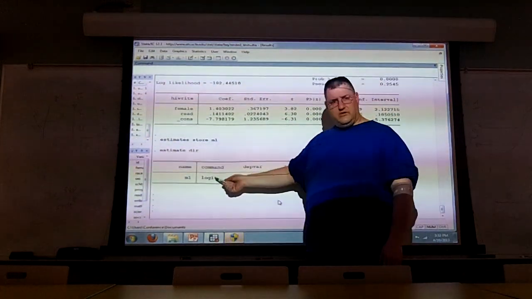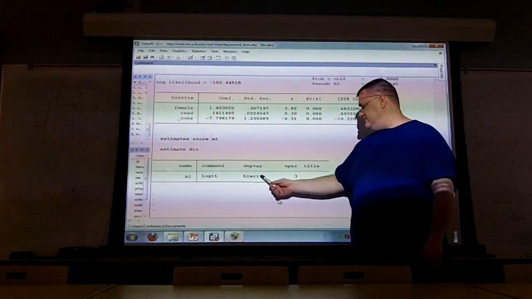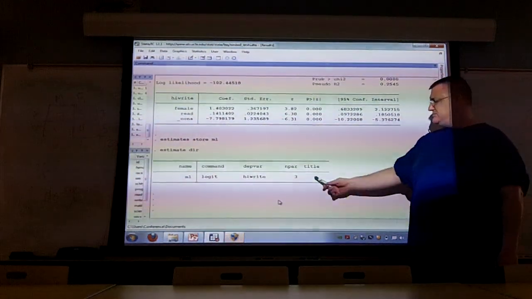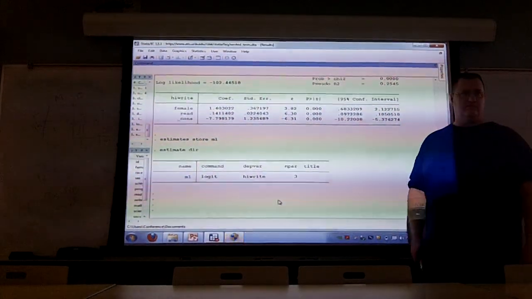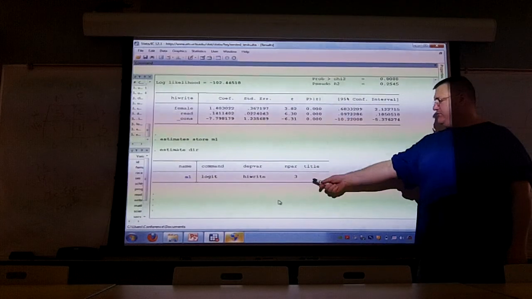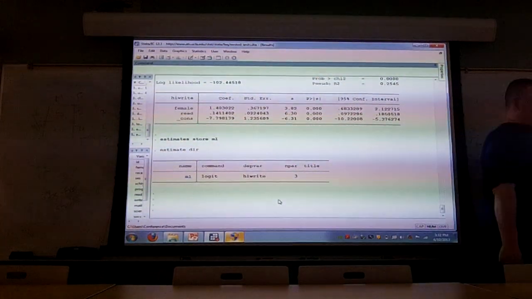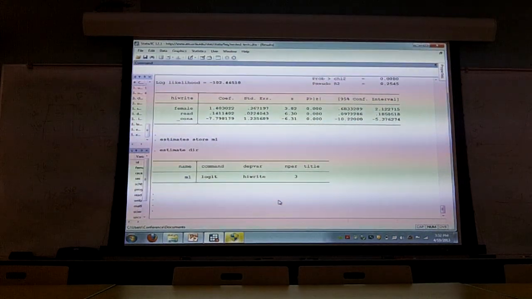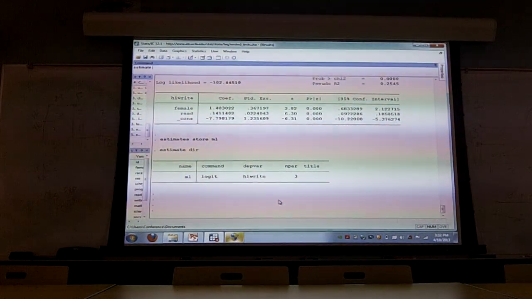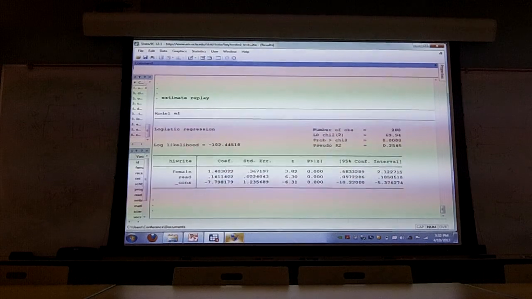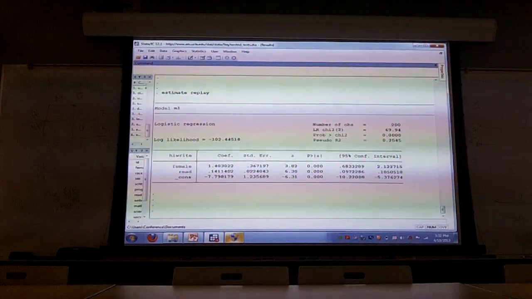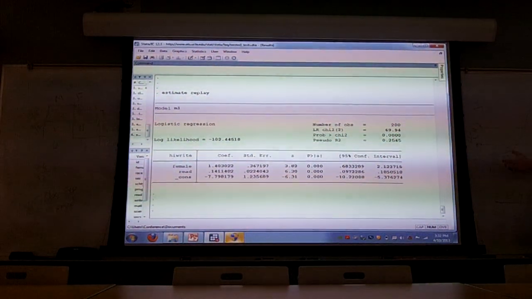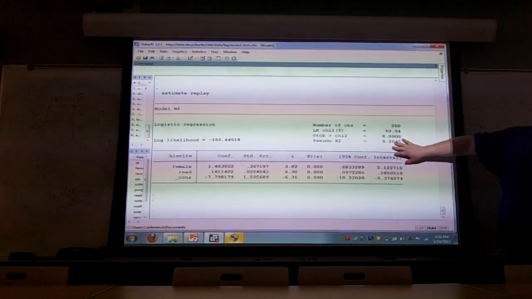It was created from the logit command, and it tells me what the dependent variable was and how many parameters I have. So it fit 3 parameters. If I type in estimates replay, I'm able to recreate the table.